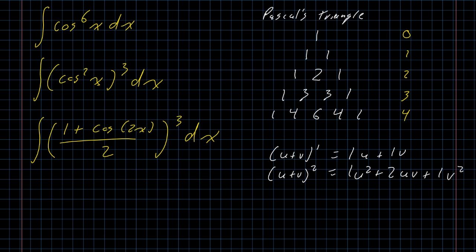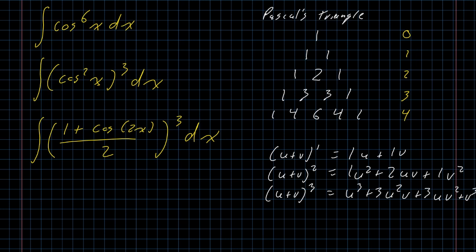And no, we usually don't write those 1s, but it's just this pattern of following those values from Pascal's triangle as my coefficients. u plus v cubed is u cubed plus 3u squared v plus 3uv squared plus v cubed.